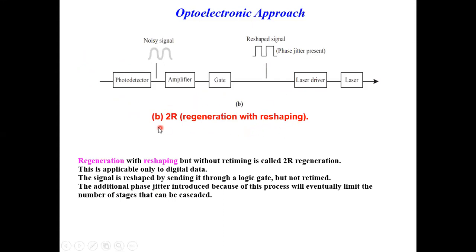In the second method, I am going to regenerate as well as reshape. When I talk about reshaping, we have a digital signal with us. As the digital signal passes, we have errors and the wave tends to disperse. So after the amplifier, we put a logic gate.